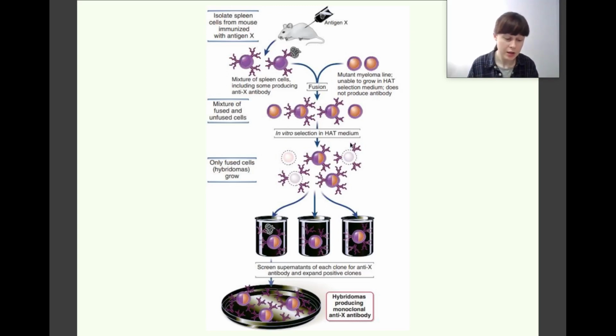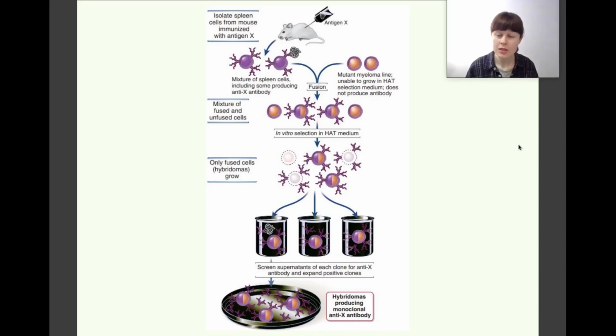The selective culture medium is called HAT medium because it contains hypoxanthine, aminopterin, and thymidine. This medium is selective for fused hybridoma cells, from immortal myeloma cells and B cells from mouse spleen. Unfused myeloma cells cannot grow in this medium because they lack hypoxanthine guanine phosphoribosyl transferase, and thus cannot replicate their DNA.